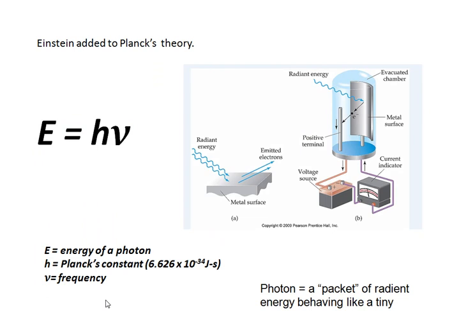All right, so then Einstein added to Planck's theory, and he decided to name these chunks of energy photons, okay? And here's that picture again of the radiant energy hitting the metal and electrons being emitted.